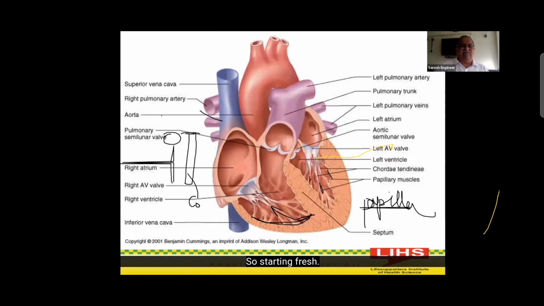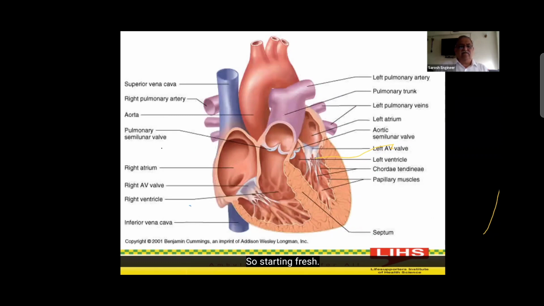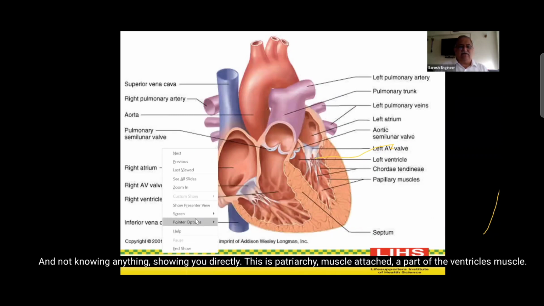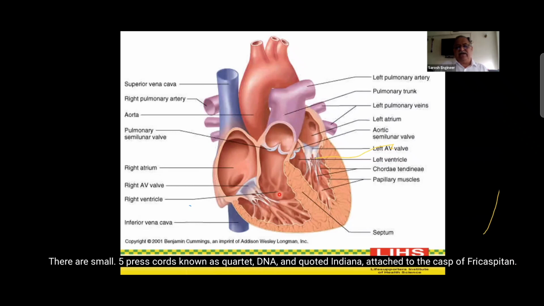So, starting fresh and not drawing anything, showing you directly: this is a papillary muscle, a part of the ventricle's muscle, attached to the ventricle. At its apex or free border, there are small fibrous cords known as chordae tendineae, and the chordae tendineae are attached to the cusps of the tricuspid and bicuspid valves.